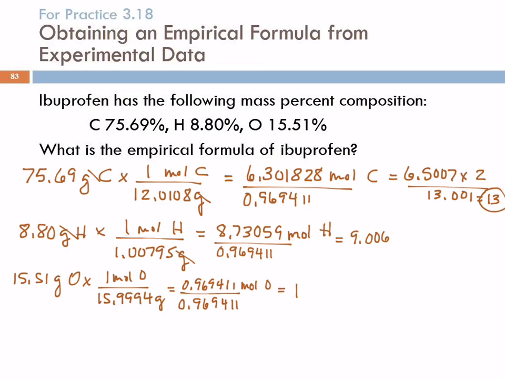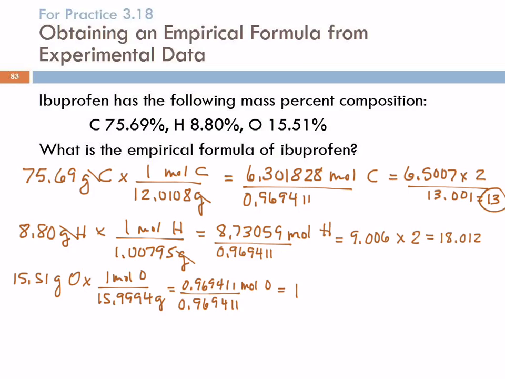Now, we are looking at the ratio of carbon to hydrogen to oxygen. If I multiply the carbon by 2, I have to multiply the others by 2 in order to keep the ratio the same. Does that make sense? So even though this is a nice number that could be rounded, I still need to multiply by 2. So I multiply that one by 2, and I'm going to get 18.012.